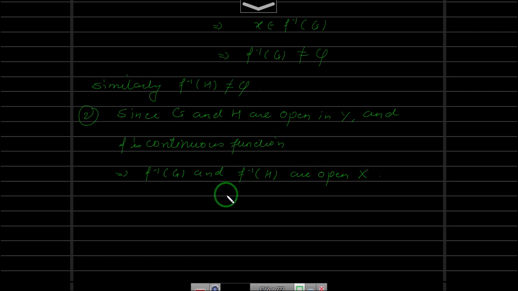Third, we need to show that their intersection is empty. We need to show that f inverse of G intersection f inverse of H is empty, right? And then the union will be the whole of X. So let's go for the third point. Let us show that the intersection is empty. Okay. If not, say let us take a point x belonging to f inverse of G intersection inverse image of H. Take a point in the intersection.